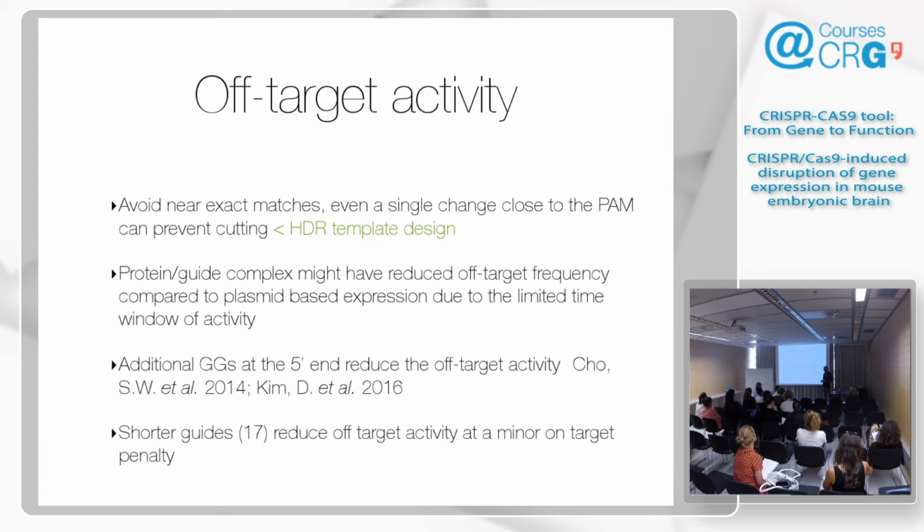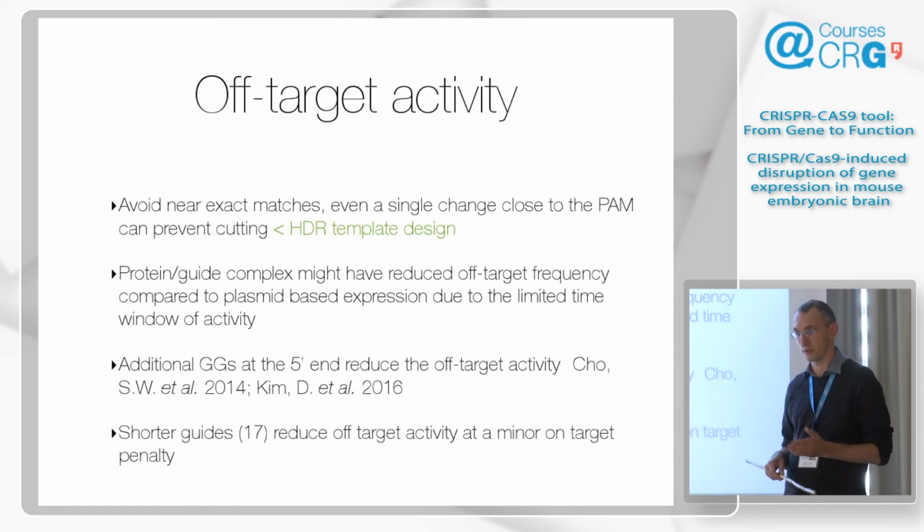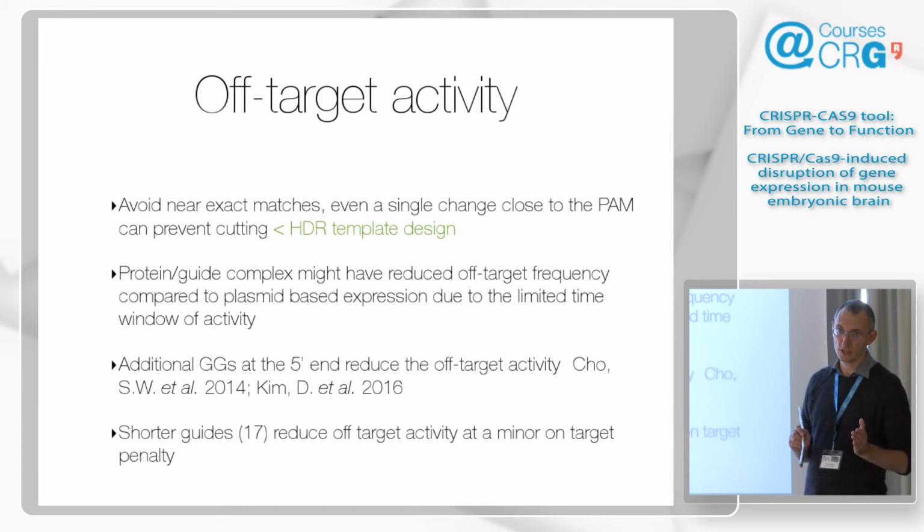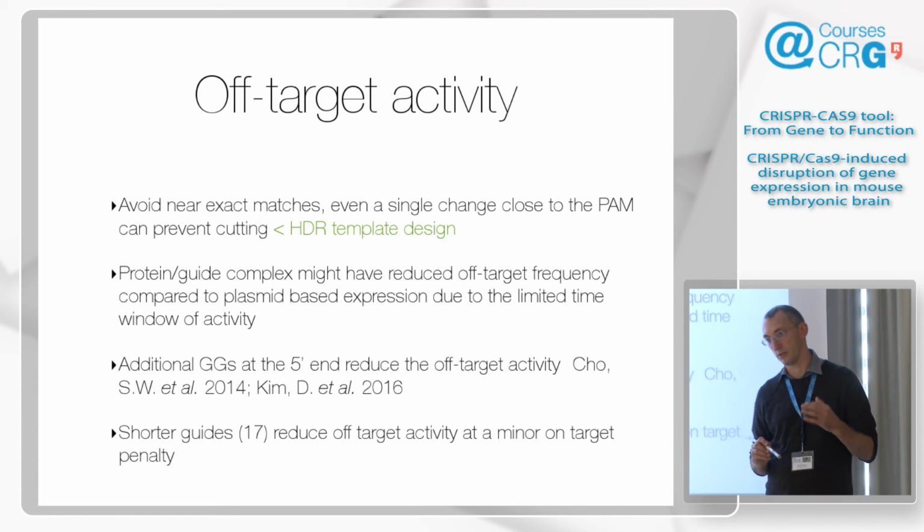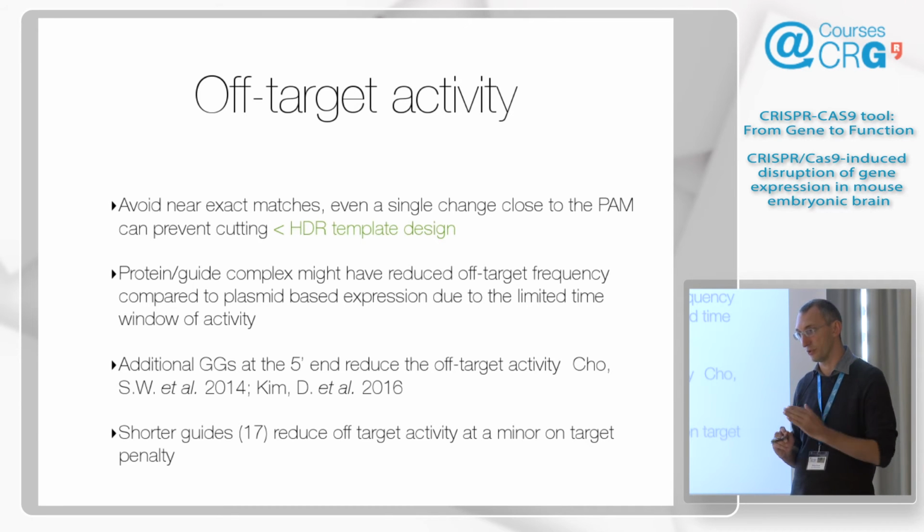This likely works by the alternative mechanism suggested in a different paper, which was to shorten the guide. In both of these cases, they result in a less stable RNA-DNA heteroduplex than a perfect match, by adding a mismatch at the end or by shortening the guide. Cas9 undergoes massive structural rearrangements upon binding and then upon extension of the guide, and finally adopts a final conformation that cuts upon full extension of the guide.